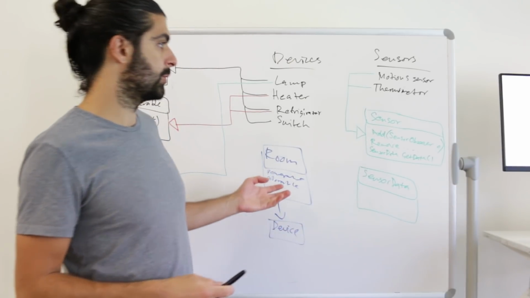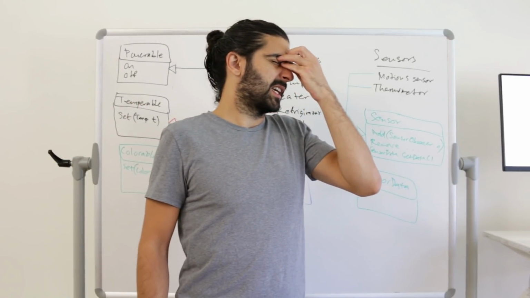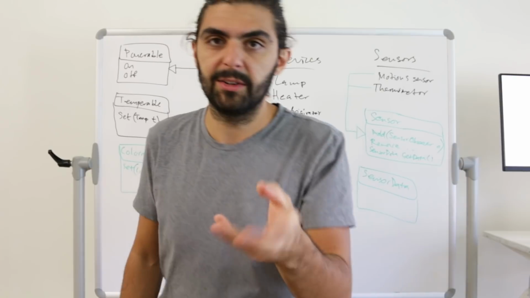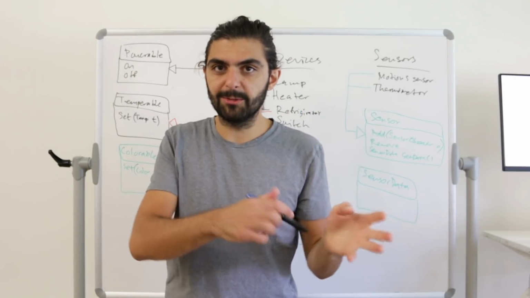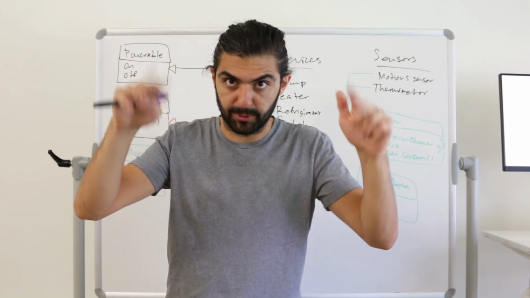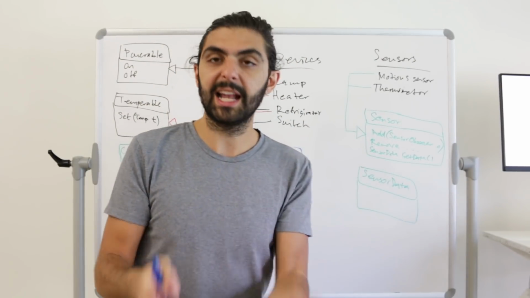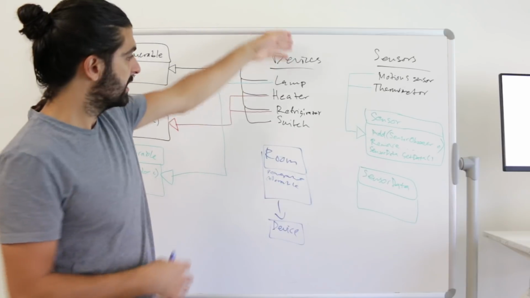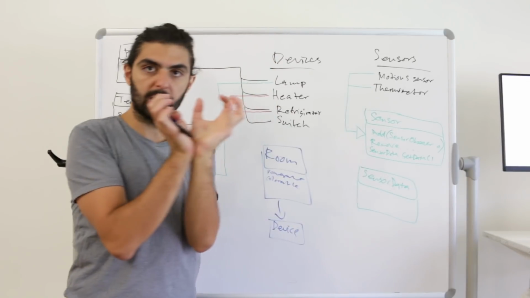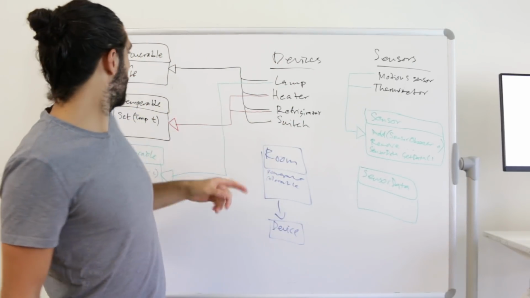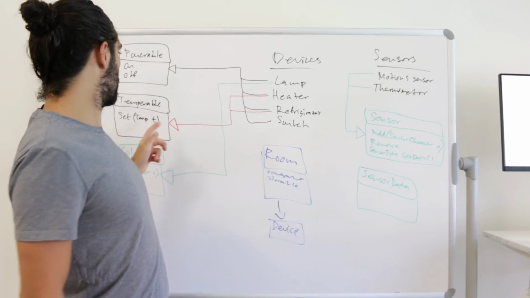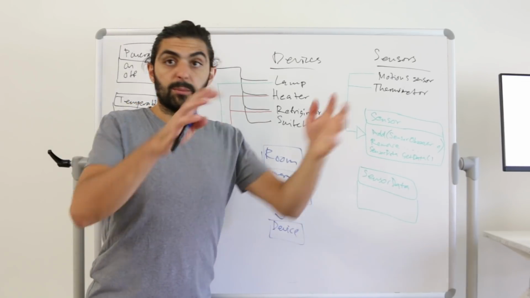Because the visitor pattern is designed to recover lost type information, right? And that's a profound statement, because that happens all the time. When we take different stuff and throw that into a collection, I used to know that this is something that's powerable, that this is something that's temporable.